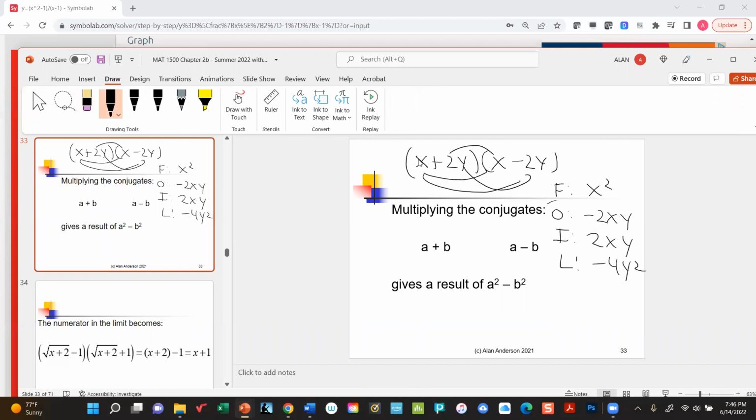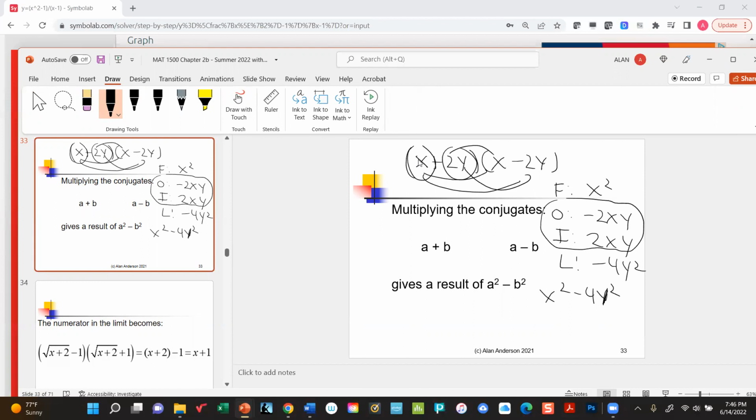So these two are guaranteed to cancel each other out as long as these are conjugates. And so we would end up with x squared minus 4y squared. So in other words, this squared and this squared, we subtract them from each other, and this is our result.